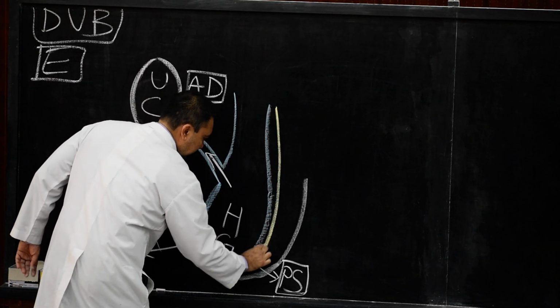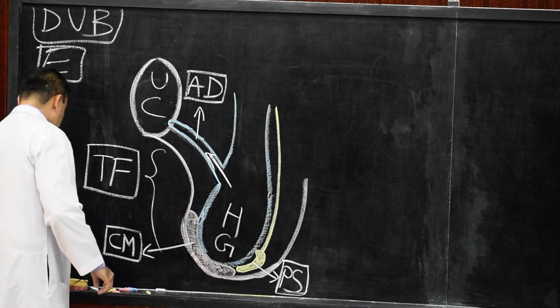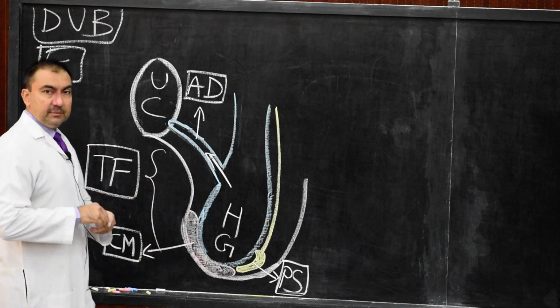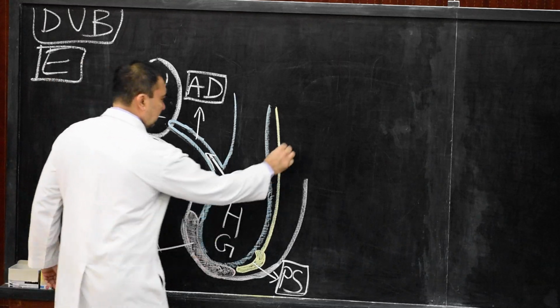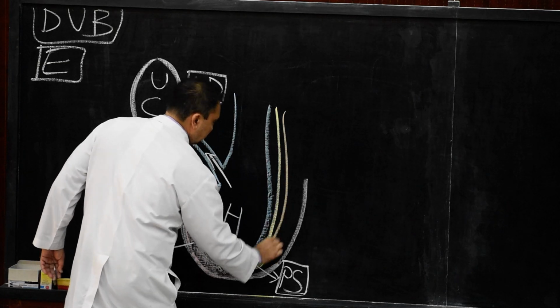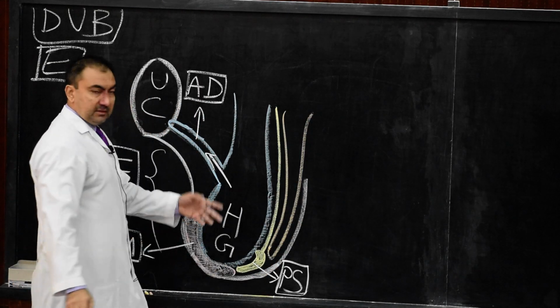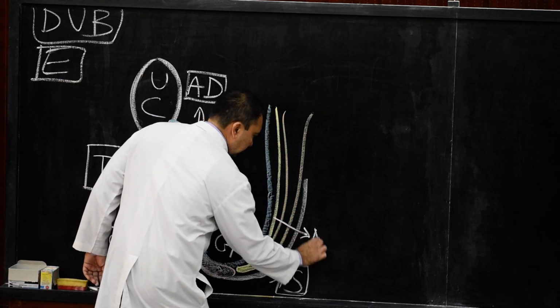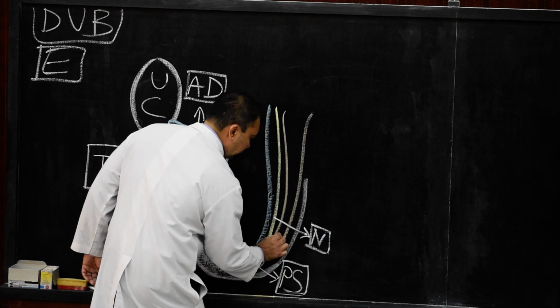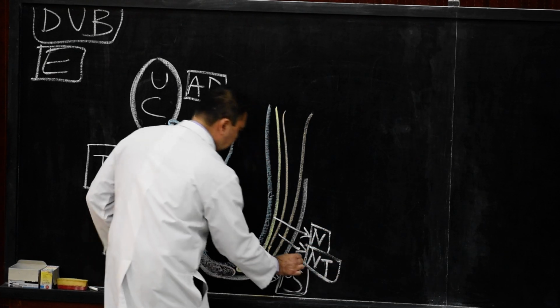And of course, dorsal to notochord, if I draw this with orange color, there will be presence of the caudal end of neural tube. This will be the notochord, and over here this will be the neural tube, caudal end.